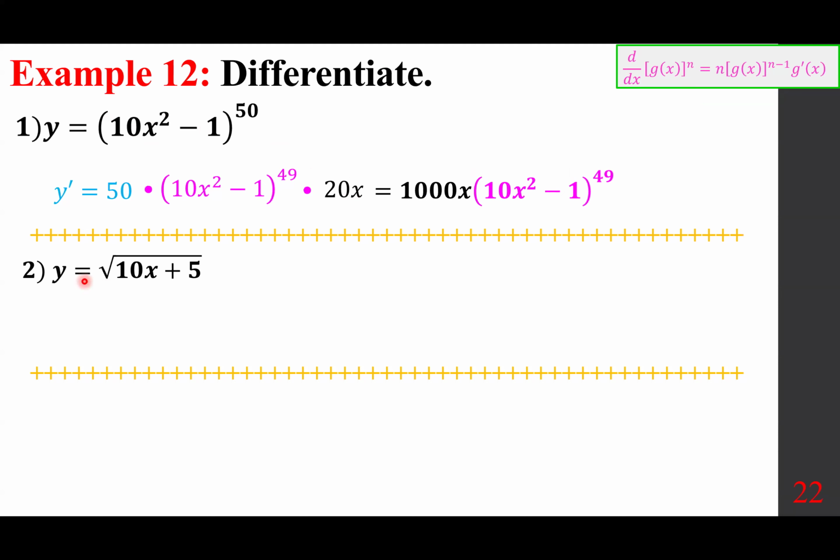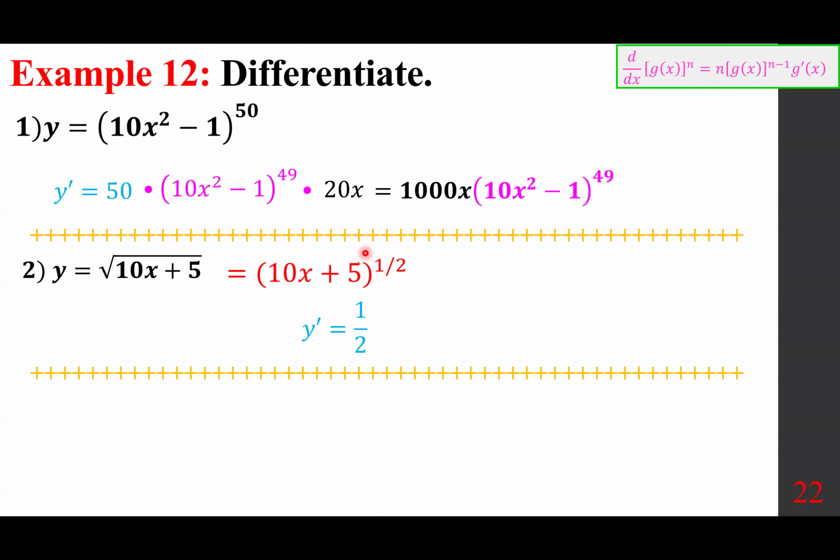What about y equals the square root of 10x plus 5? We have to rewrite this as (10x plus 5) to the power of 1 half to get it ready for the extended power rule. So again, we need the n first, so we need 1 half.